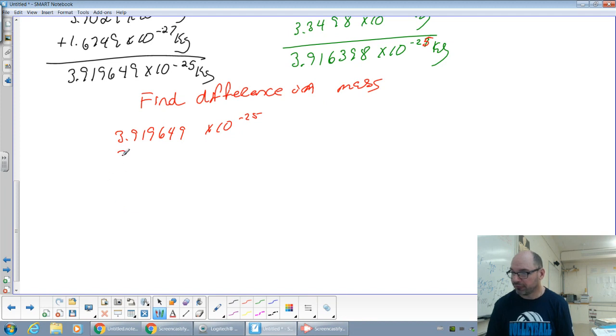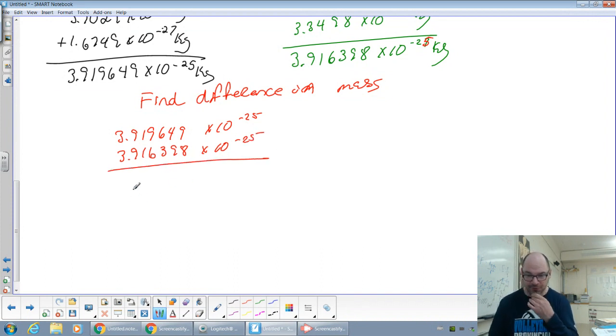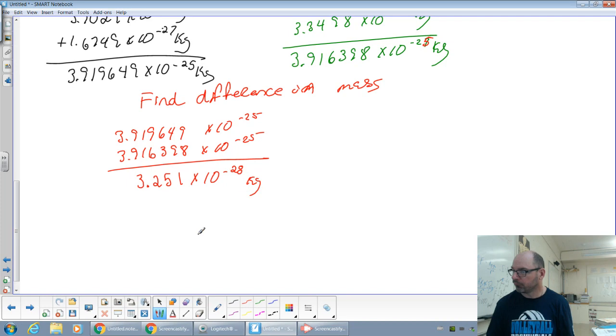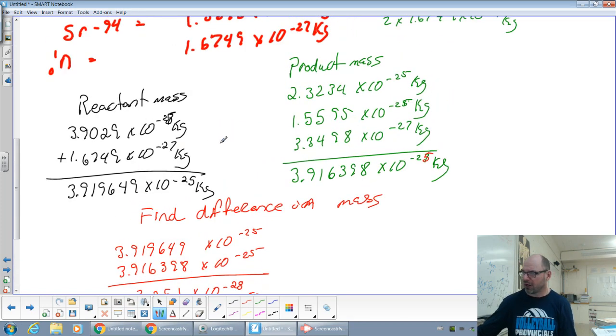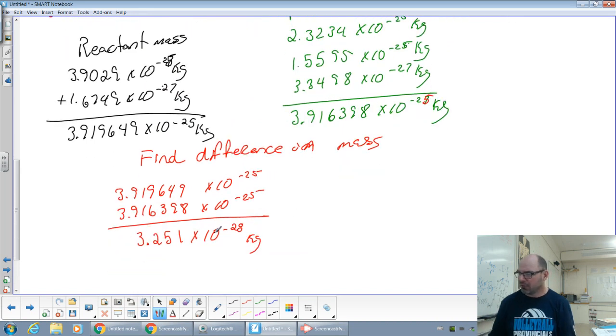Got to be careful there. Okay, and if we do the difference in mass, we get 3.251 times 10 to the negative 28 kilograms. Okay, so after we've got both total masses, reactant and product, and we subtract them, we convert the mass to energy.